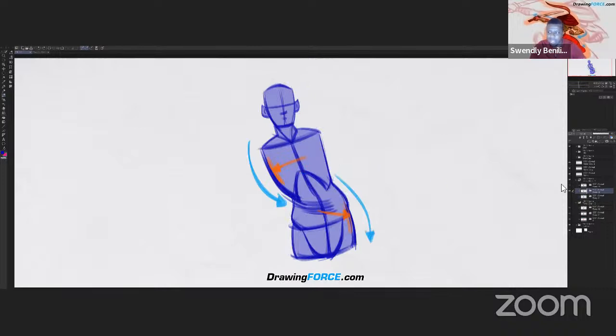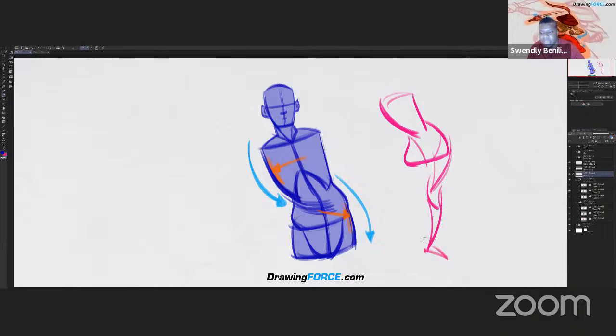Let's say the figure or the model applies force to the hips, pushing them out that way, and then to the rib cage on the other side, pushing it out this way. Then you would have this S curve. A pose in which that would occur is, let's say, the model is doing something like this, and the weight would be primarily on this leg, and the other leg might be stretched out like this.